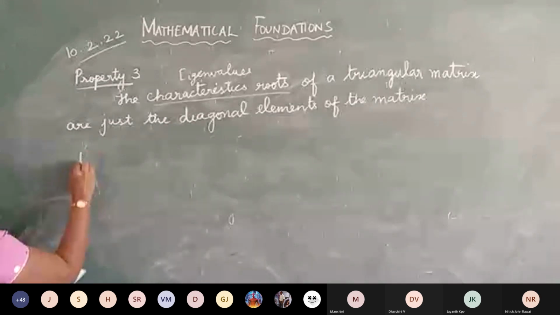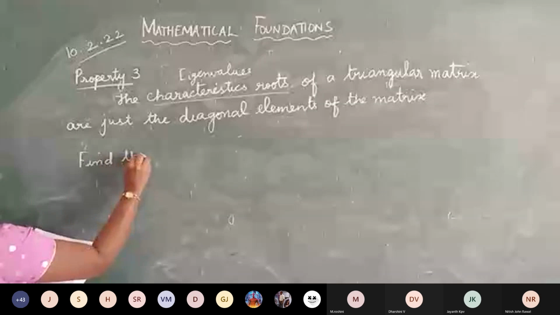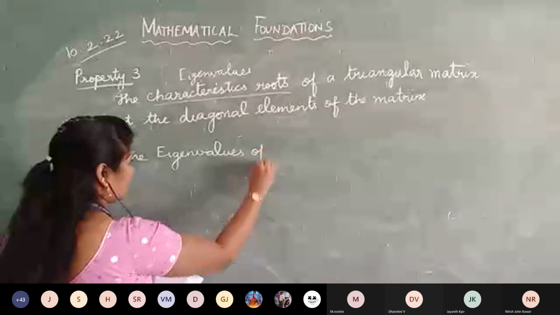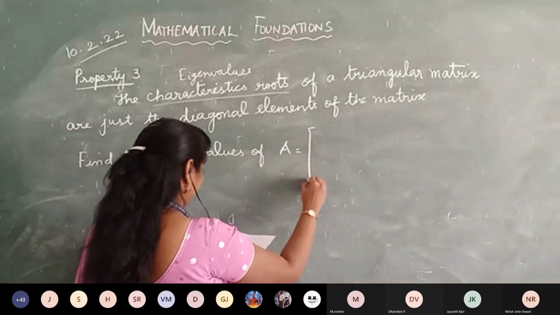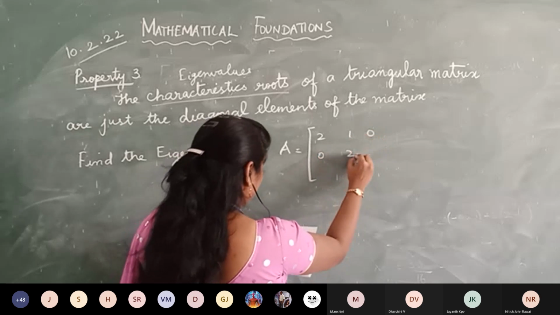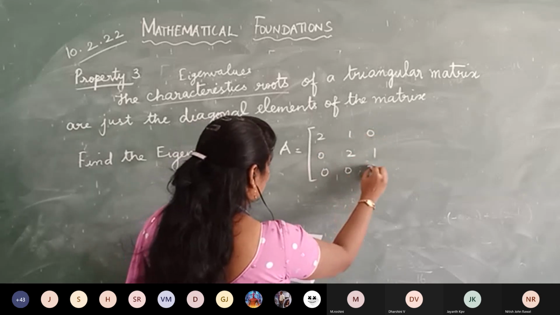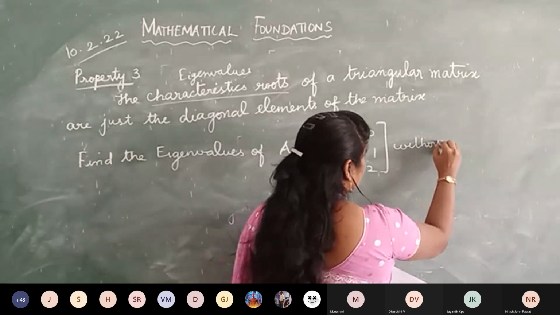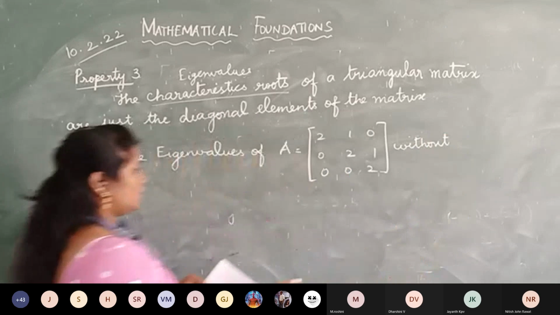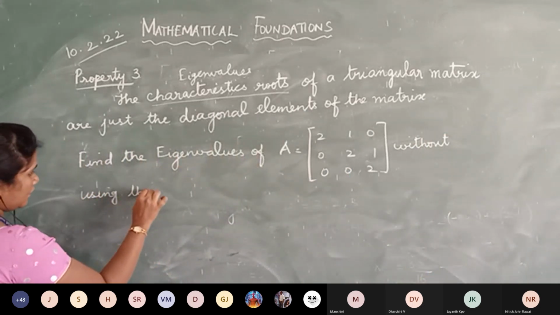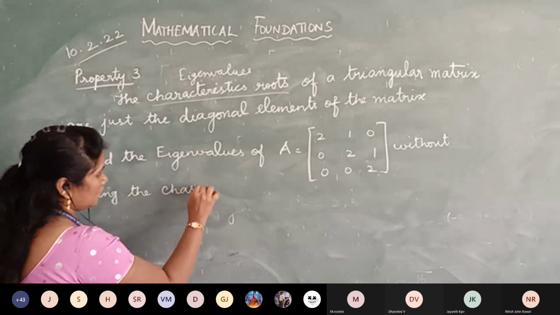If they have given, find the eigenvalues of A is equal to 2, 1, 0; 0, 2, 1; 0, 0, 2, without using the characteristic equation idea.